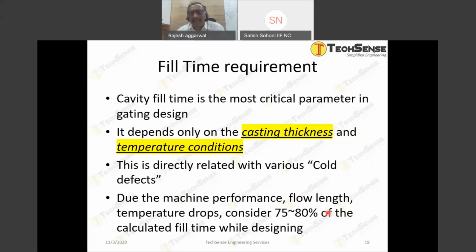So the fill time is the most critical parameter in the gating design. It depends only on the casting thickness and temperature conditions. Also, this is directly related to the various cold defects. We will understand it again in detail as we go along.